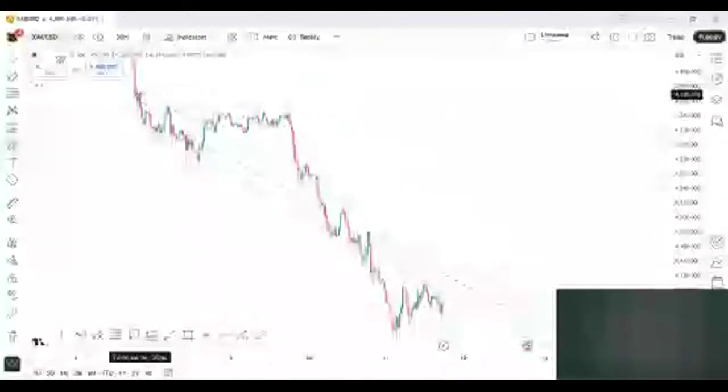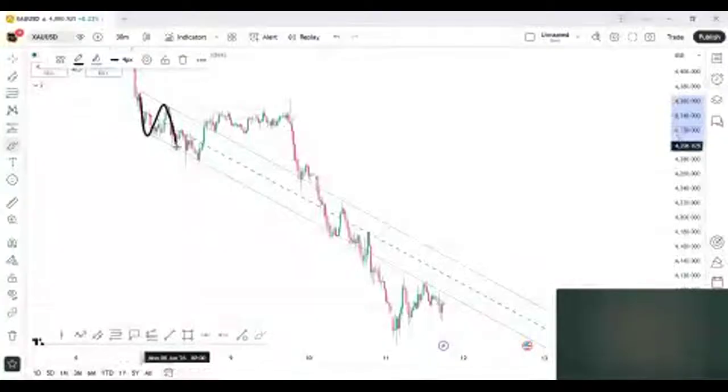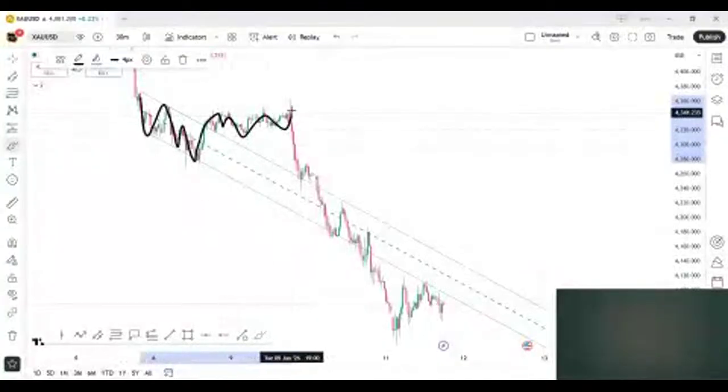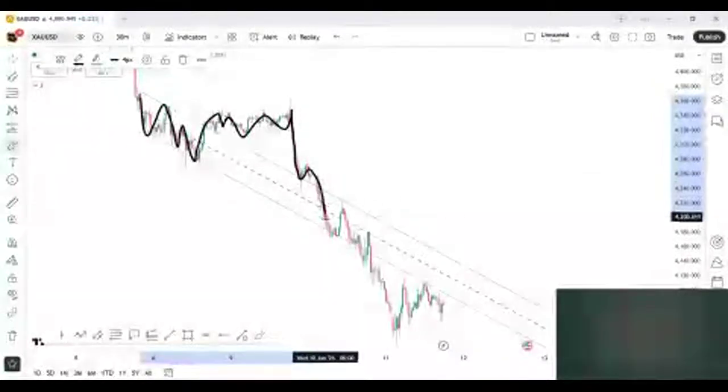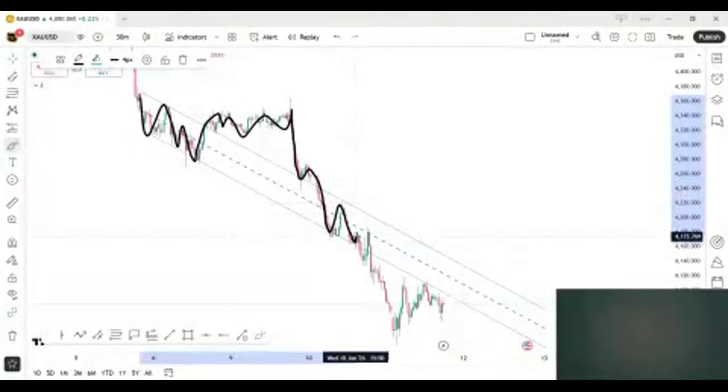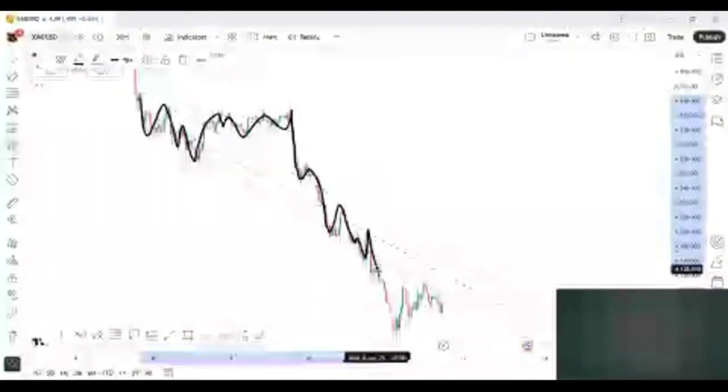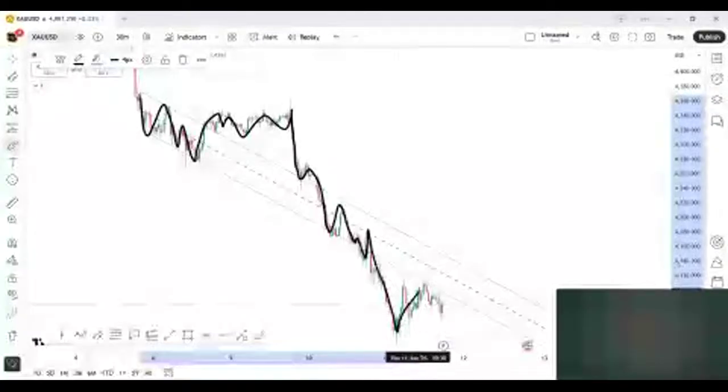You can see the market was in this channel. It tried to break the channel, but unfortunately fell back to this area, then fell again to the lower side of the channel. Again it tried to respect this area, but due to some news it fell backwards again. So right now we are again at the edge of this parallel channel.